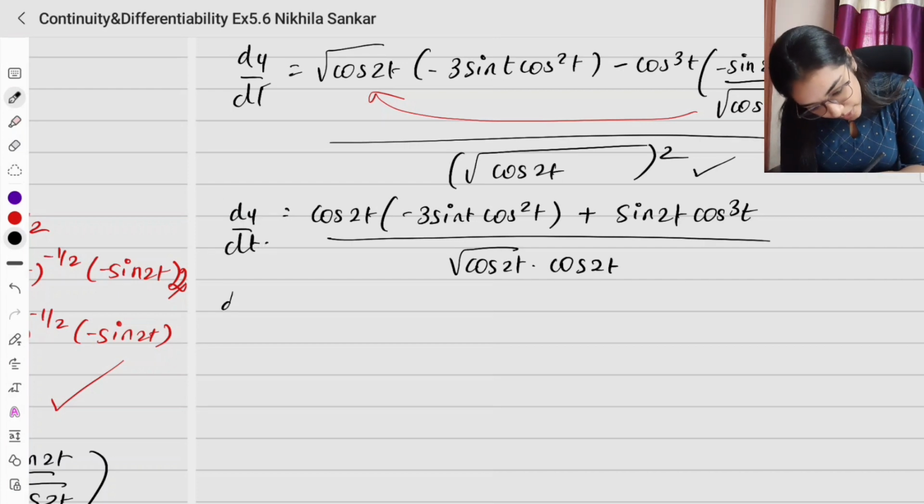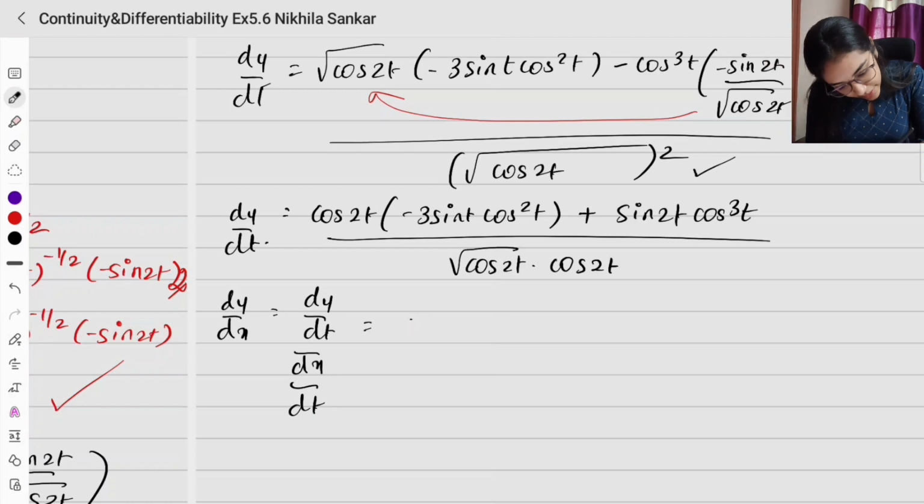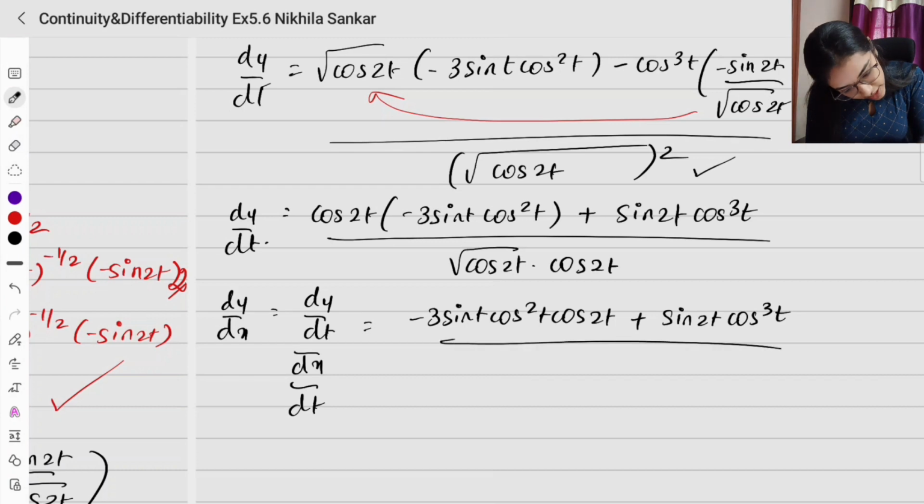Now I need to do dy by dx. What is dy by dx? It is going to be dy by dt divided by dx by dt. dy by dt is minus 3 sin t cos square t cos 2t plus sin 2t cos cube t, divided by cos 2t square root of cos 2t.